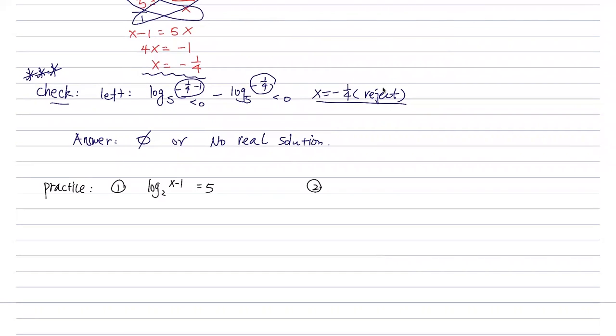And then the second question you can try is natural log 3 plus natural log x equals 2. And then the third question right here you can try is common log of x plus 3 equal to 1 plus common log of x. And then again, the answers will be in the description, and you can check them after you finish your questions.